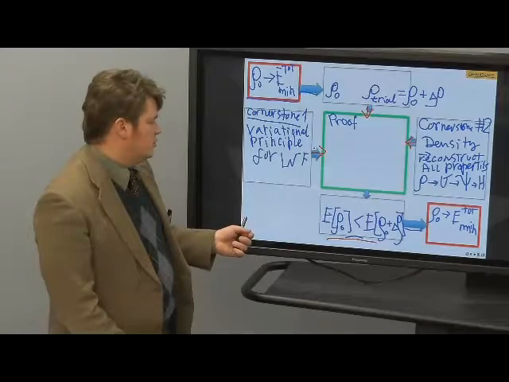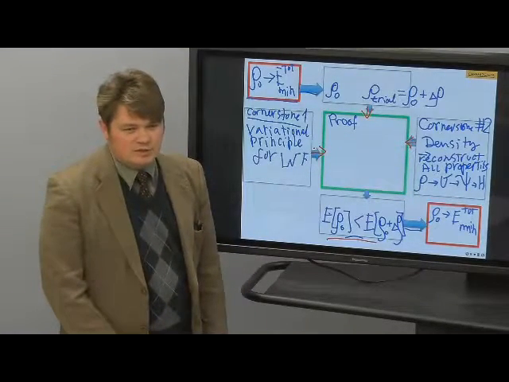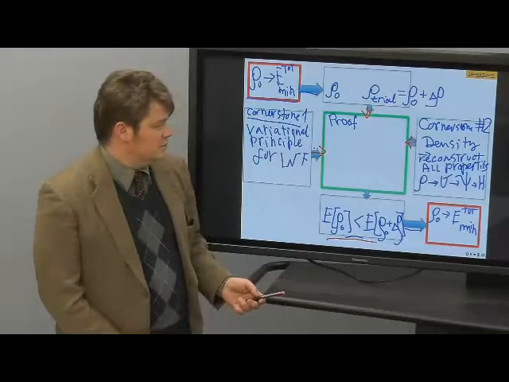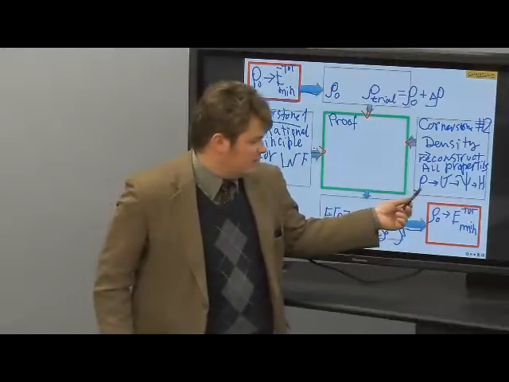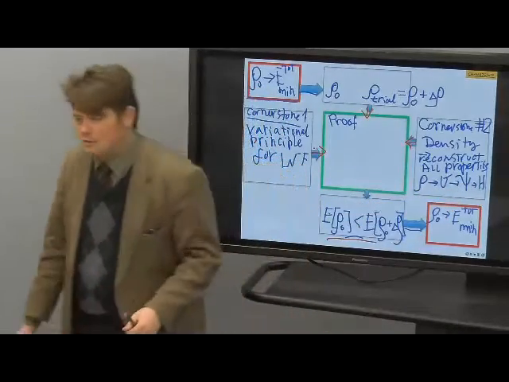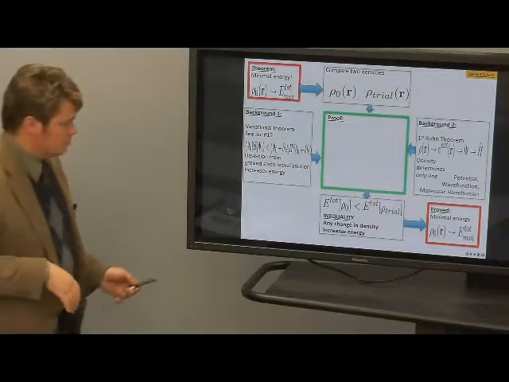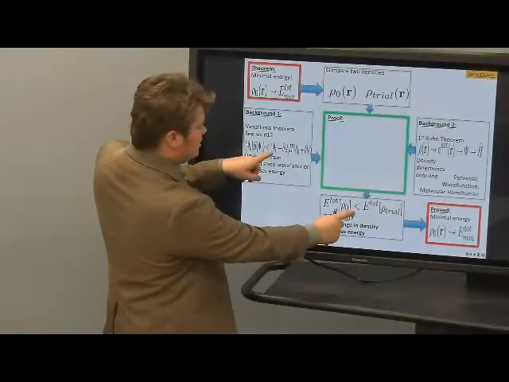And our cornerstones are the variational theorem, which tells the same for wave functions, and our first theorem that from the density we can get everything. So there is an analogy.